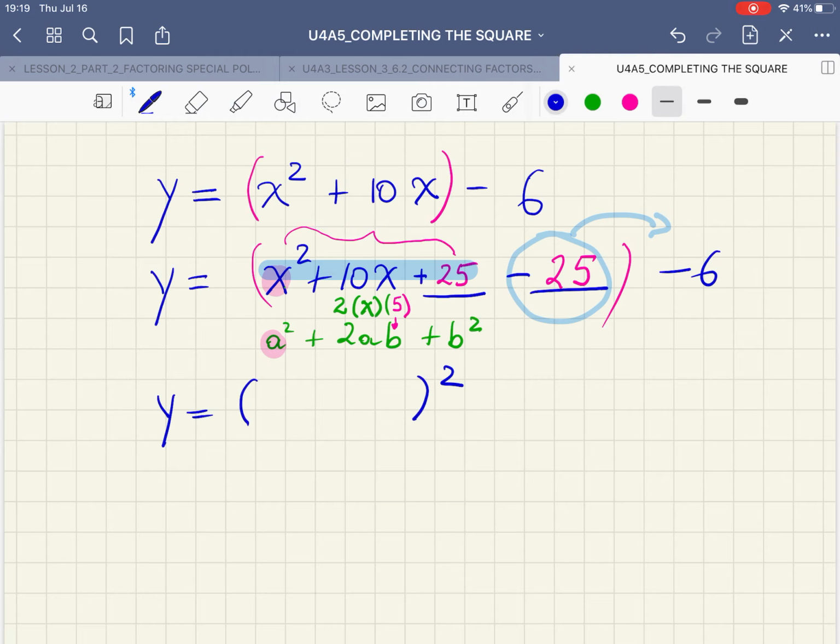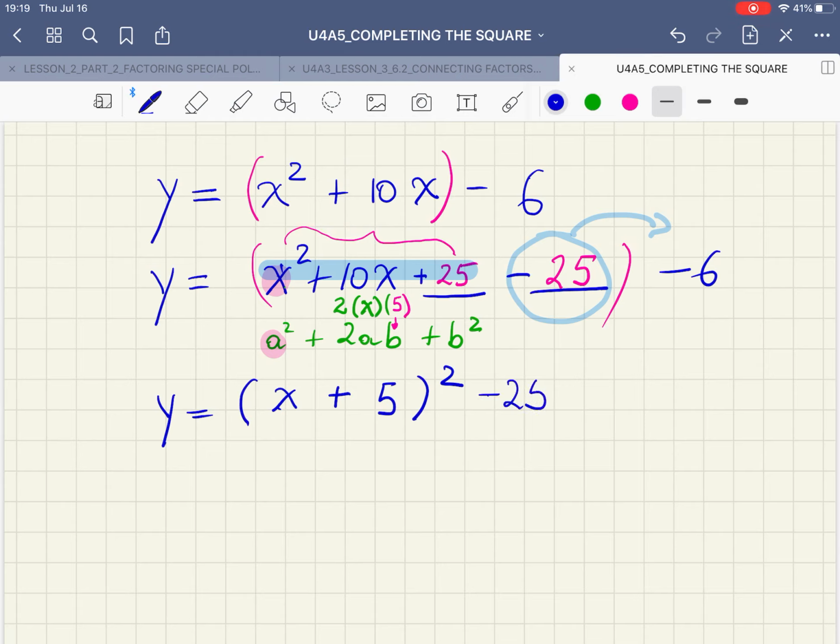And the good stuff will always be in the factored form, something squared, right? So x right here, and then here is 25, the square root of it, so that would be 5. And then the sign between the terms will be the sign of the middle term.